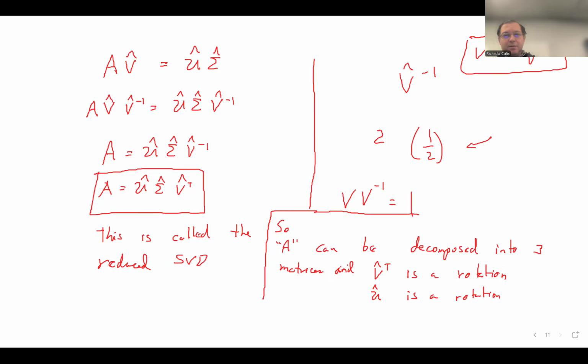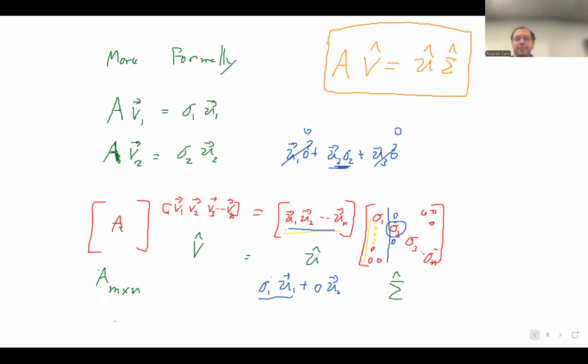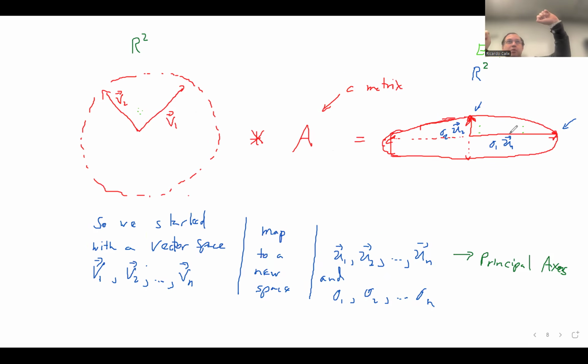And what is the diagonal? You know this. What were the sigmas? They were stretching. Remember, we said the U means we rotate and the sigma means we stretch, right? So that was the intuition.